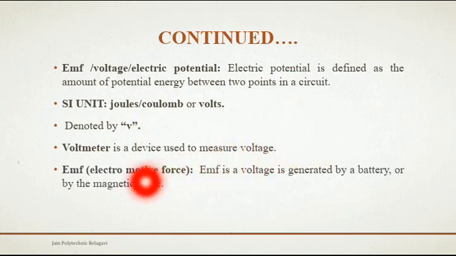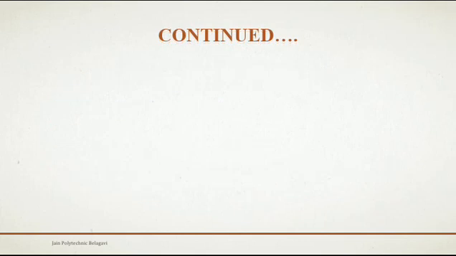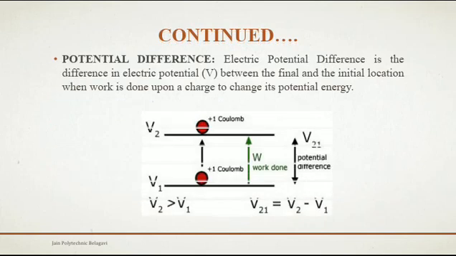The next is EMF. The full form of EMF is electromotive force. This is also a voltage, but it is voltage generated by a battery or by magnetic force. The next definition is potential difference. Electric potential difference is the difference in electric potential between the final and initial location when work is done on a charge in order to change its potential energy.